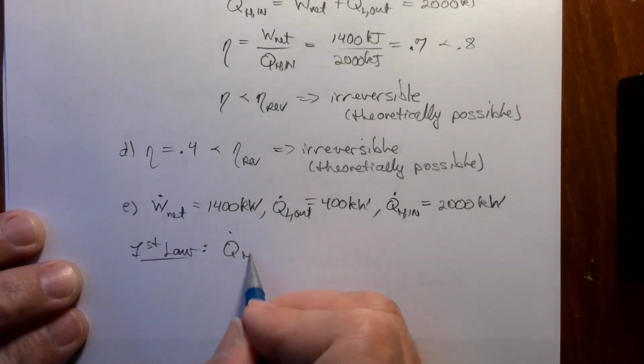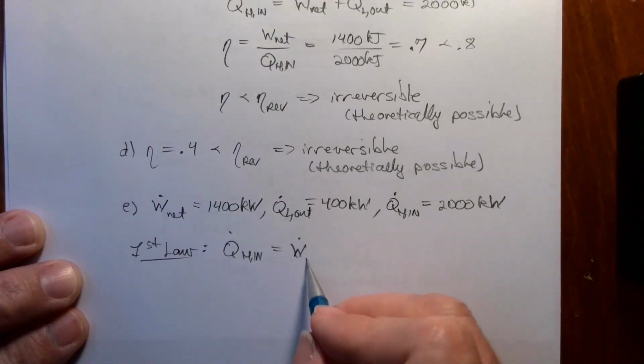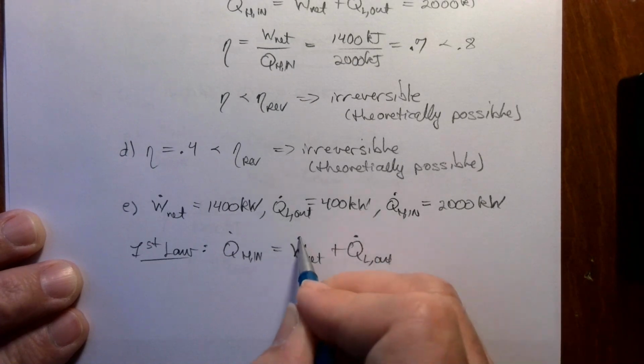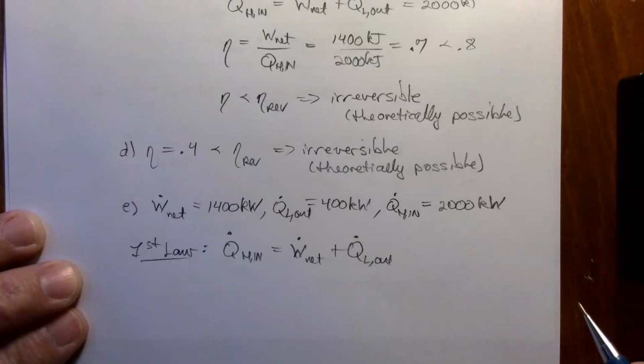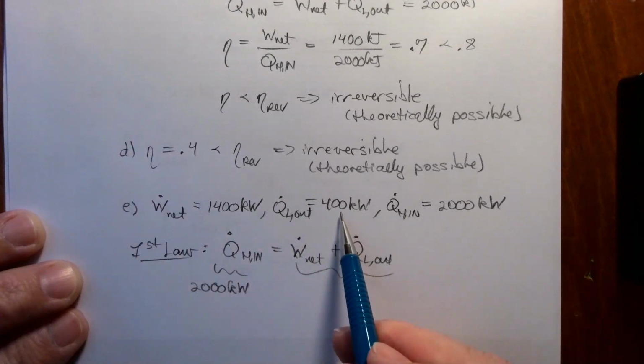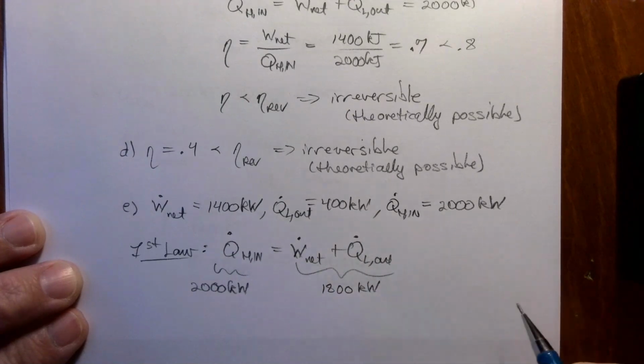First law would say that Q dot H in is equal to W dot net plus Q dot L out. Those are all dots there. This one they're claiming is 2000 kilowatts. If you add these two together, 400 plus 1400, you get 1800 kilowatts. So these are not equal. This process violates the first law.